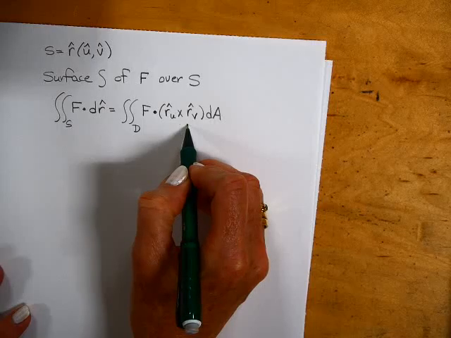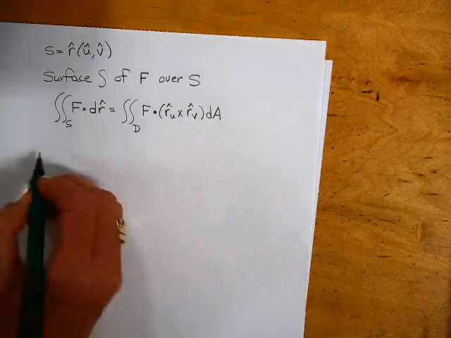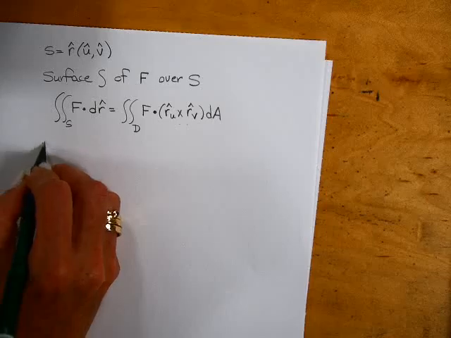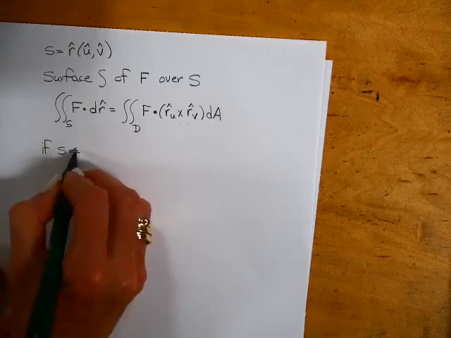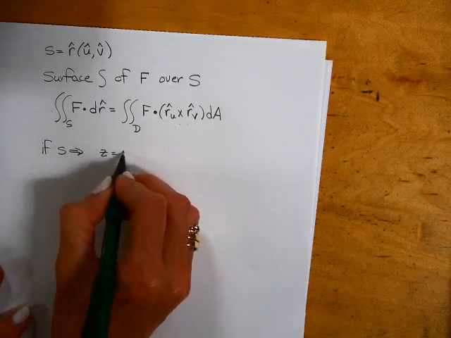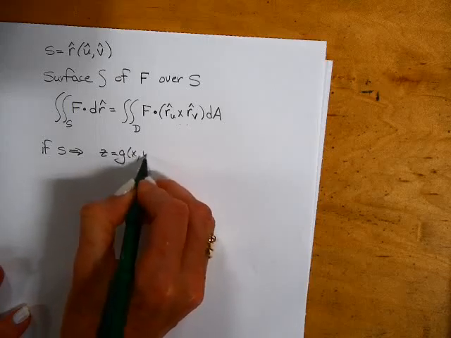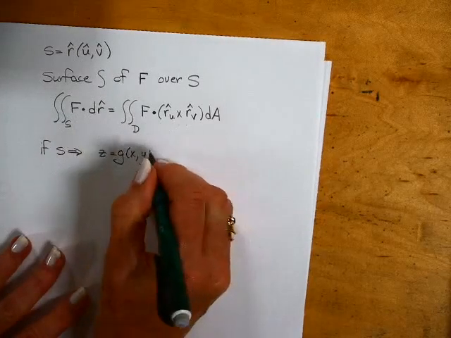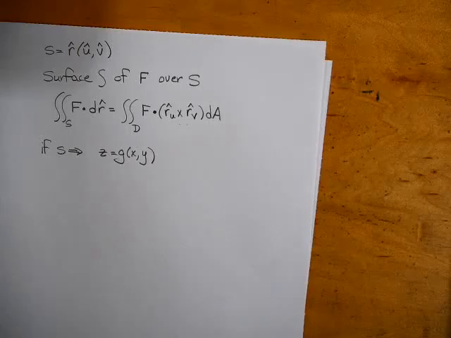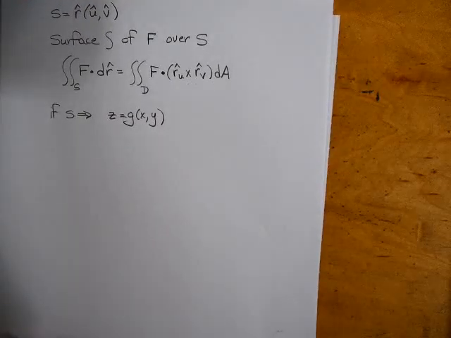I'm going to go ahead and give you the other one too. If S is given as a function g of x and y, you're still integrating over a vector field.